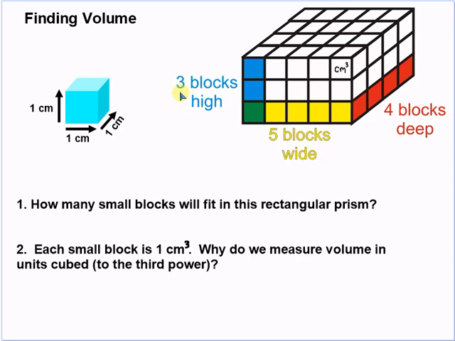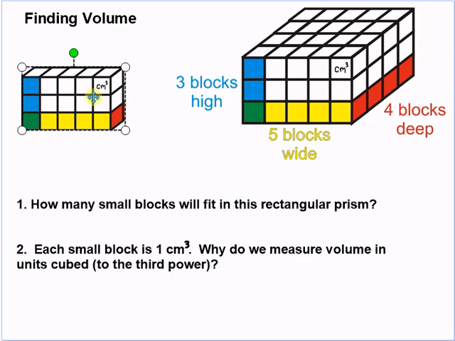And we're going to find out how many of these little cubes it's going to take to fill up this entire shape. So we can take a look at this and see that we have a front column and row set of 3 blocks high by 5 blocks wide. So it looks a little bit like this.